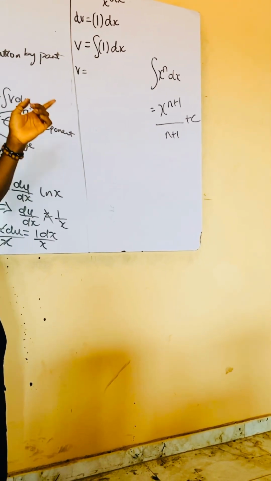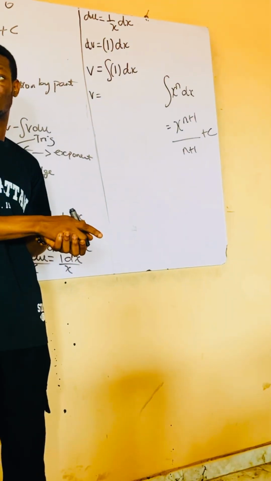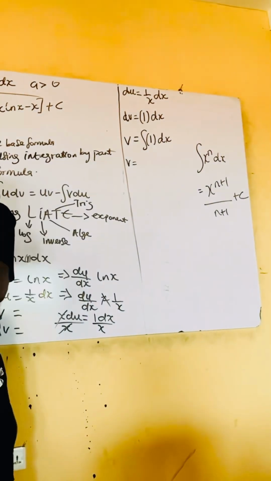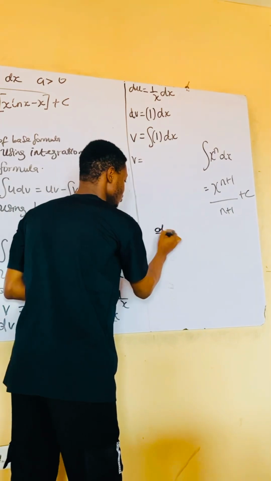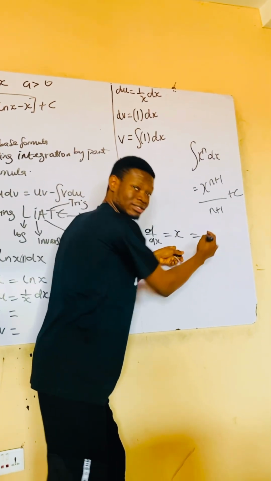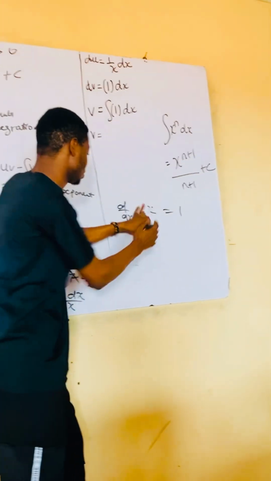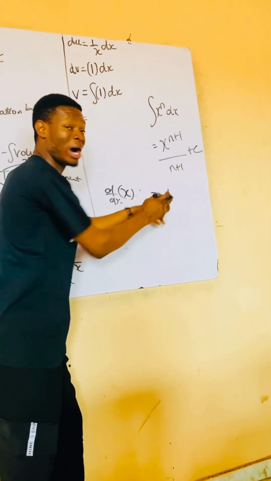The integral of 1 with respect to x is x. You know that differentiation is the reverse of integration. The derivative of x is 1.